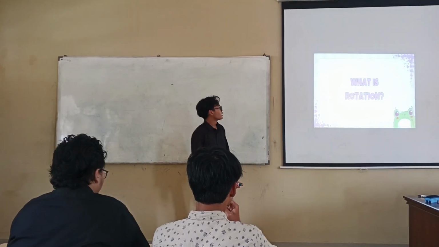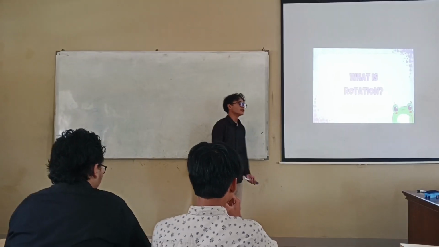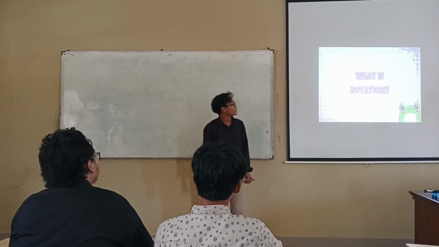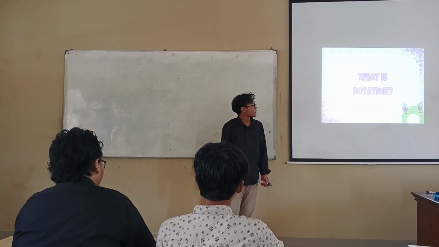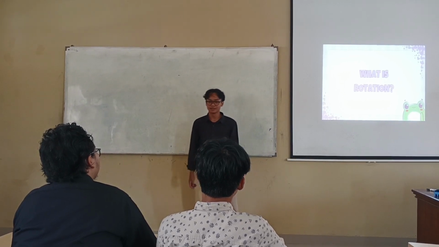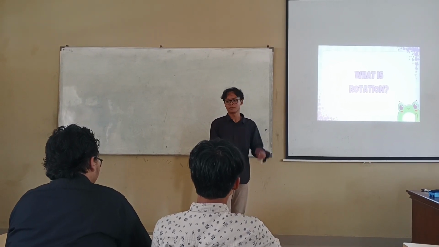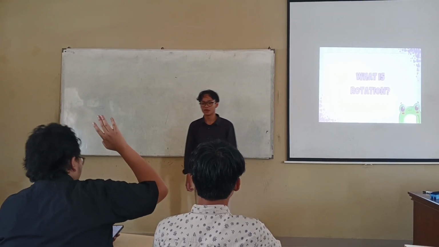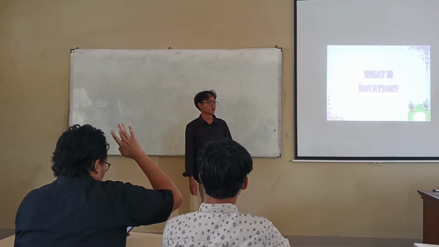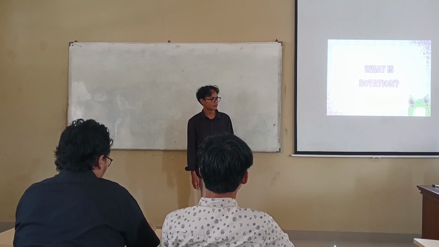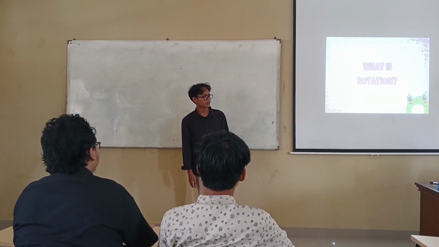Before we continue the lesson, I want to ask you something. What did you learn about reflection on transformation before? So what is transformation geometry? Geometric transformation is the process of changing the position and size of a point or shape in a coordinate plane.